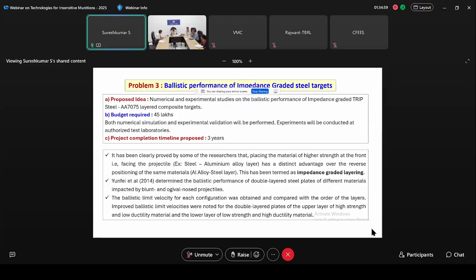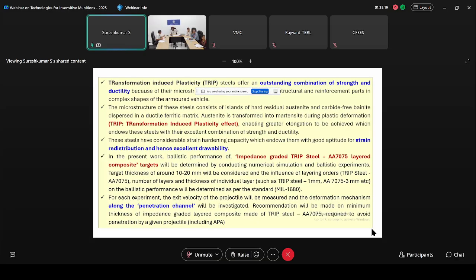And then the third one is ballistic impact of impedance graded steel targets. In this case, instead of one single target, what will be the influence of layered impedance grading? That is, for example, steel with aluminum. Weight reduction is the major concern for problem 3. We are already working with impedance graded TRIP steel and aluminum 7075 layered composite.